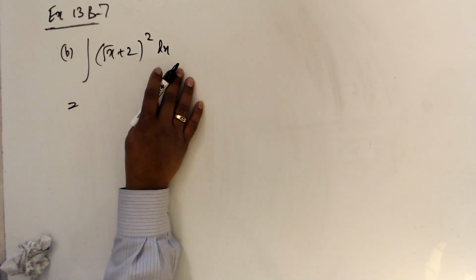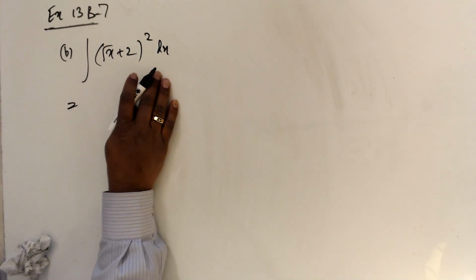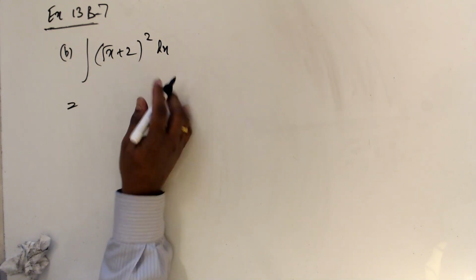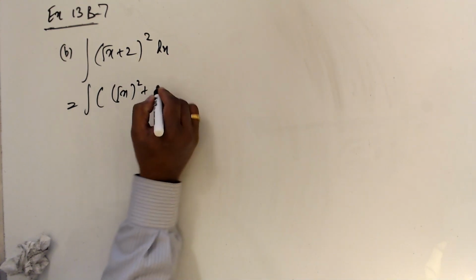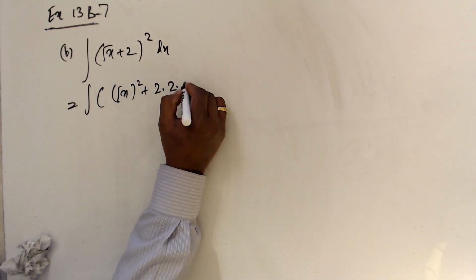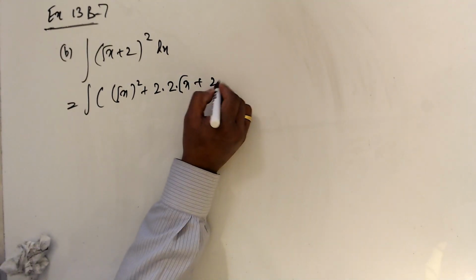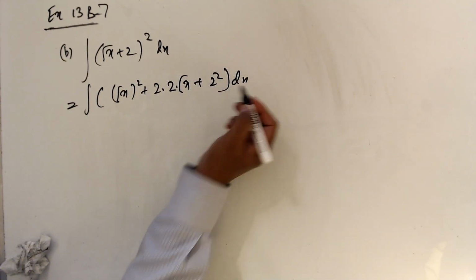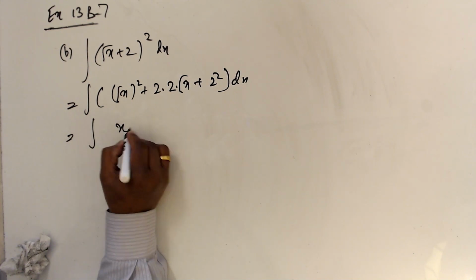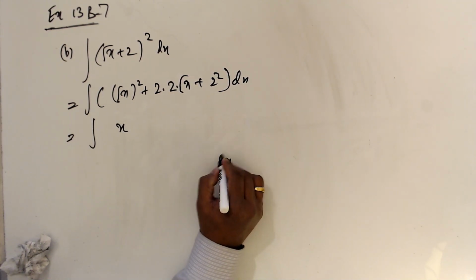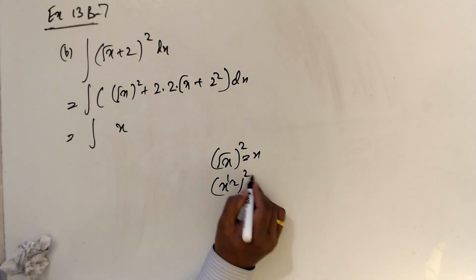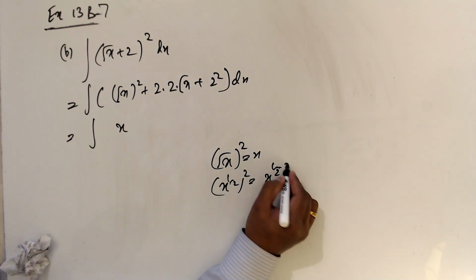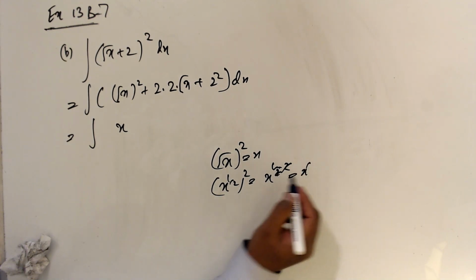So in here, before differentiation, integration, we have to simplify first. Square root x square plus 2 times square root x plus 2 square dx. So this is going to be square root x square is x, because square root x means x^1/2. x^1/2 times 2 cancels out to x^1.